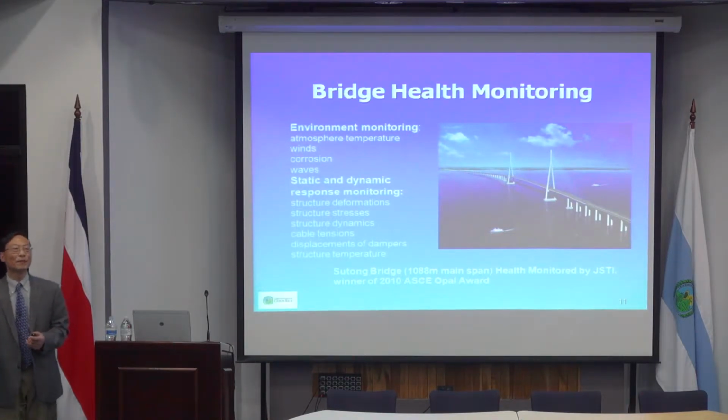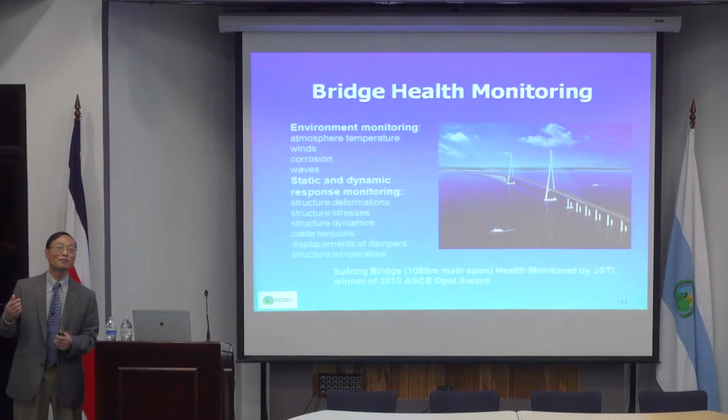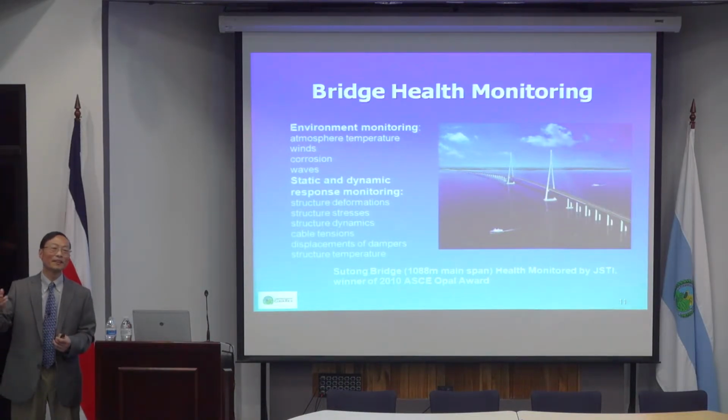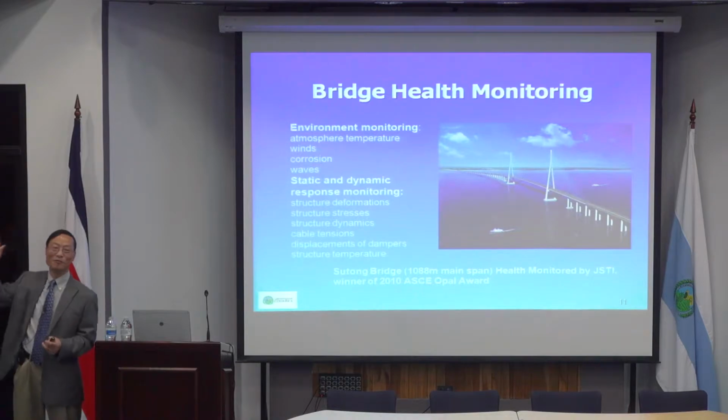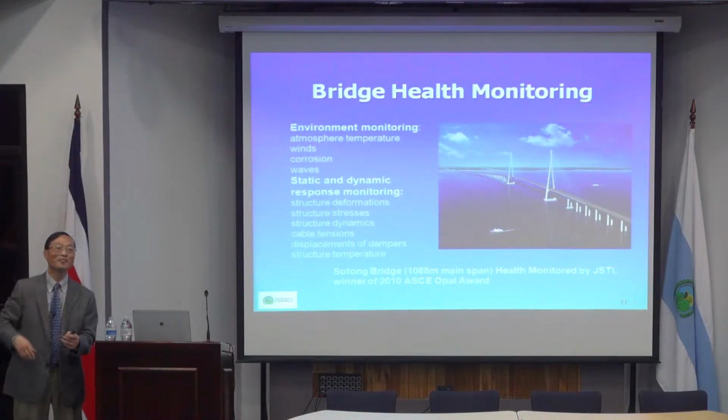Another reason is when you detect something position-based, for example, if you want to know how much movement is due to the wind load, you can measure the movement, or how much deflection is due to truck load.